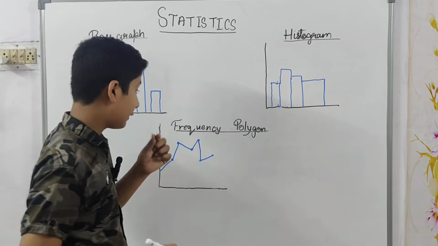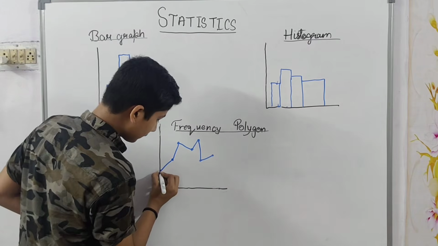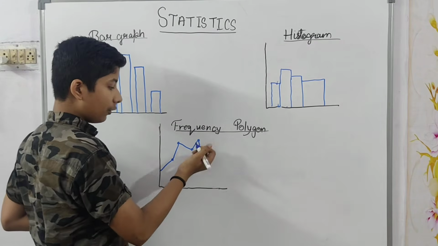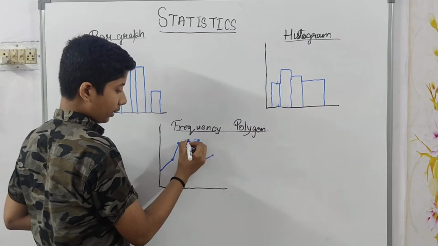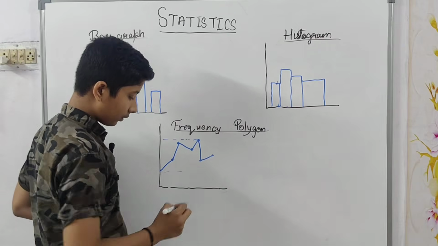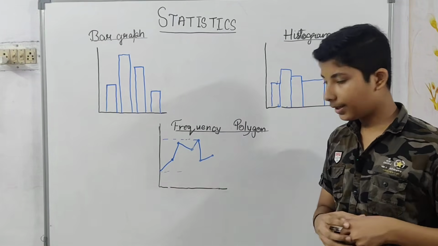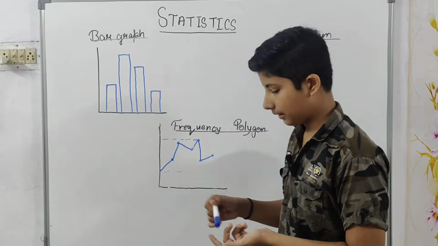This is a line chart, or you can say frequency polygon. From this you can say this is the topmost point and this is the bottommost point. You can easily tell this.